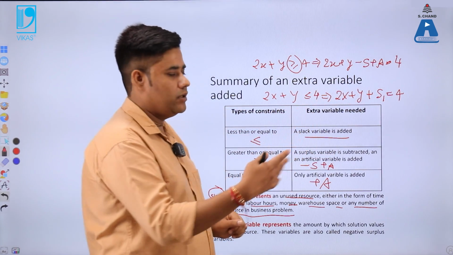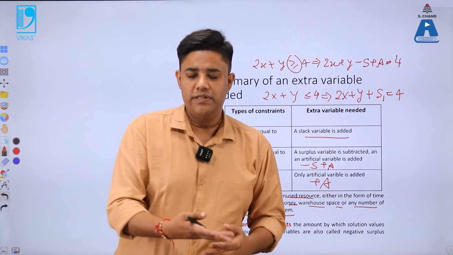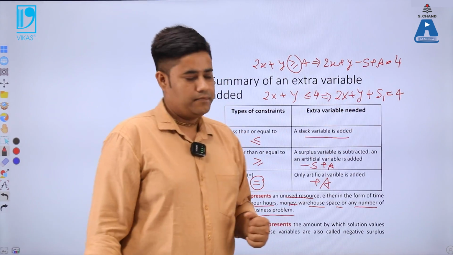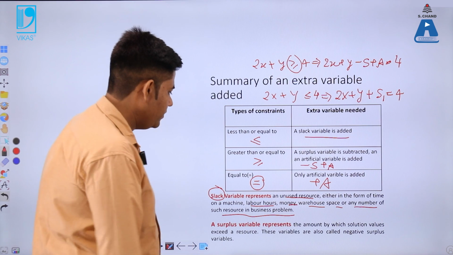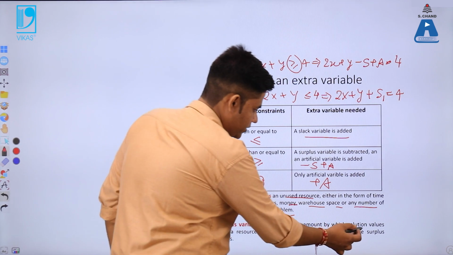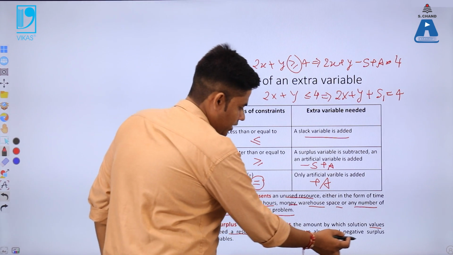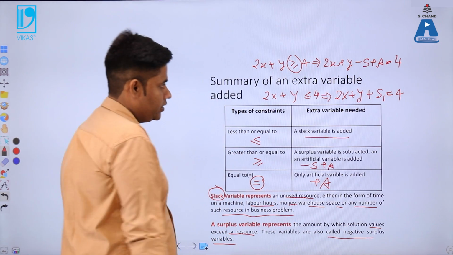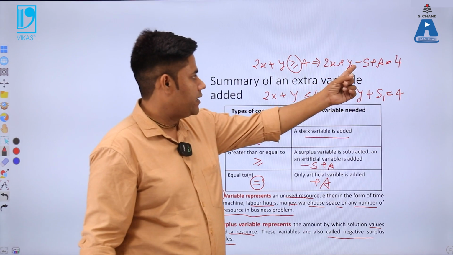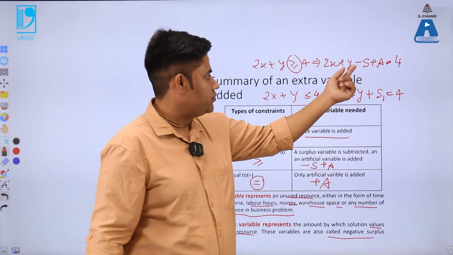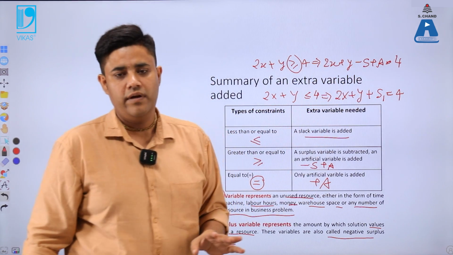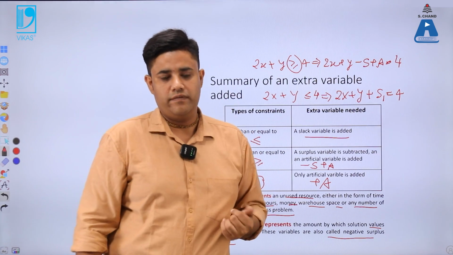When we do certain problems in the upcoming slides, we'll understand it more. So a surplus variable is the amount by which the solution value exceeds a resource, and these are non-negative surplus variables. No doubt we are subtracting it from the equation, so that S value should be non-negative. That means the value of S should be a positive value.